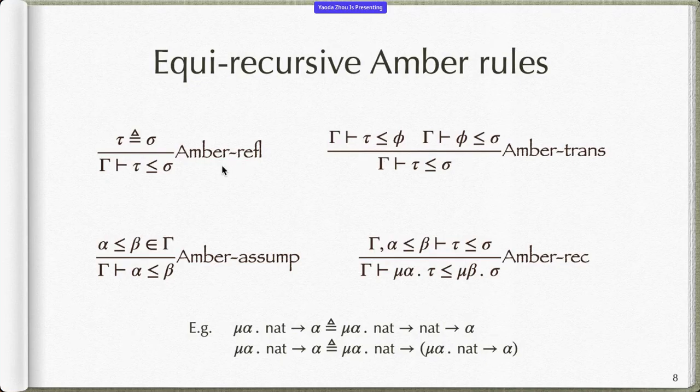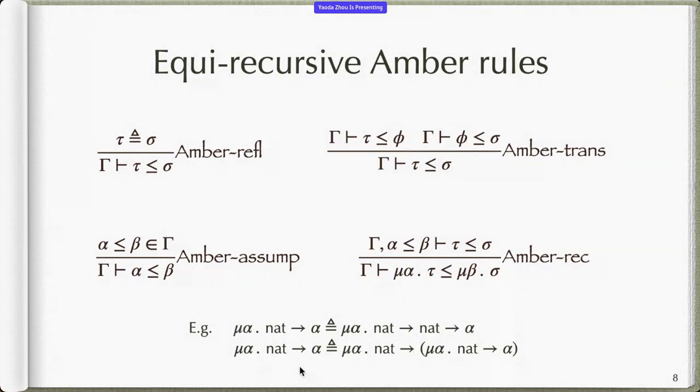And the recursive Amber rules also have a special reflexivity rule in which another set of rules are defined to check if two types are equal. So in the notion of this special equality relation, mu alpha. net to alpha, for example, is equal to its one-step unfolding.